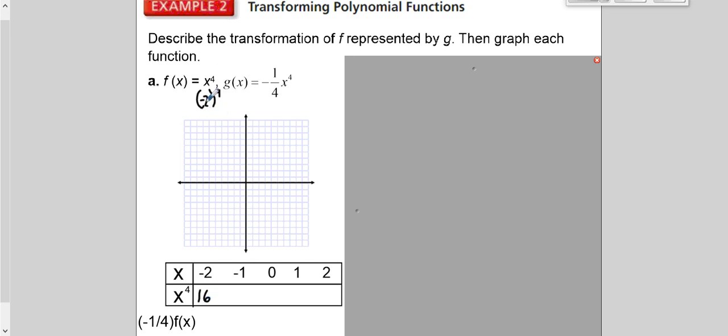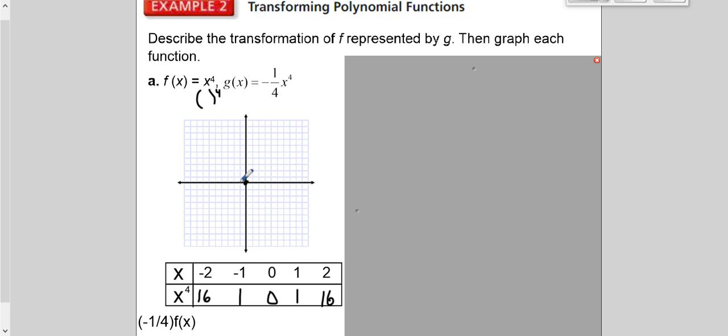And then next we try -1 to the 4th power. 1 times 1 times 1 times 1. Oh, but they were all negative. 4 negatives multiplied together is always a positive, and 1 times 1 times 1 times 1 is 1. And 0 to any power is 0. 1 to the 4th power, 2 to the 4th power. Let's draw our parent function.